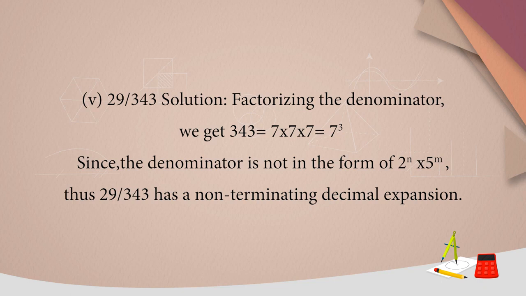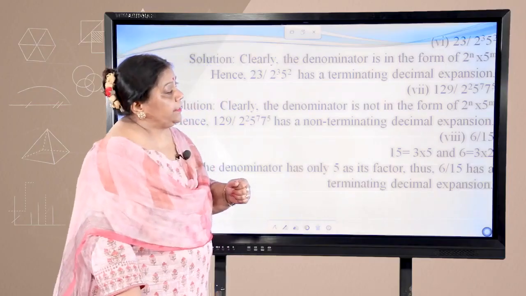Factorizing the denominator, we get 343 as 7 into 7 into 7, that is 7 to the power 3. We can see here, since the denominator is not in the form of 2 to the power n into 5 to the power m, thus 29 divided by 343 has a non-terminating decimal expansion. Let us see the next one.